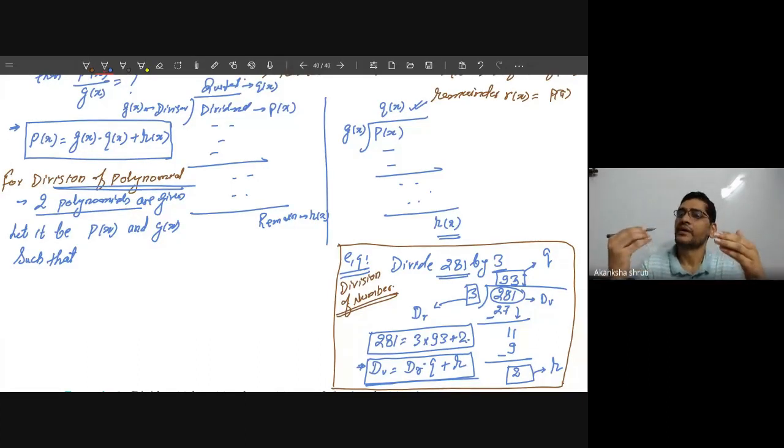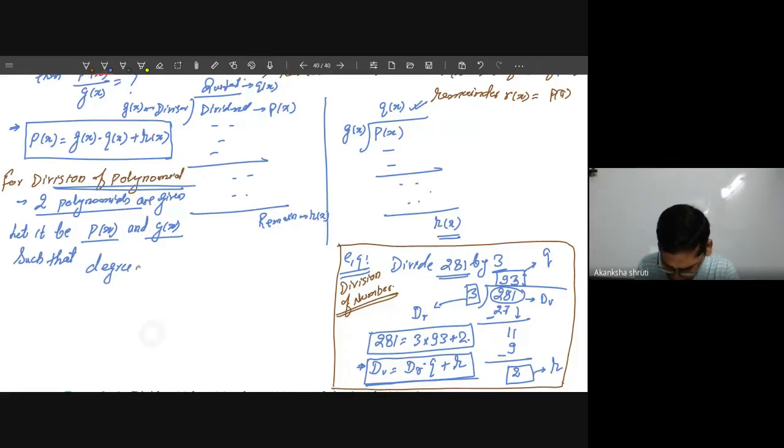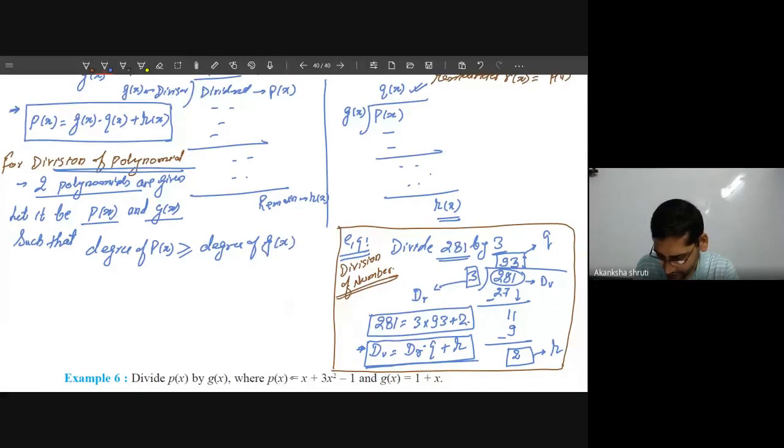A higher degree polynomial is divisible by a lower degree polynomial. So the condition over px and gx is that the degree of px is greater than or equal to the degree of gx. This is a very important step.